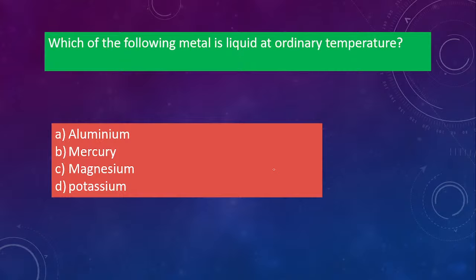Okay, B, B. Let's see. Yes, mercury is the only metal which is liquid at room temperature or ordinary temperature. So mercury is the correct option.